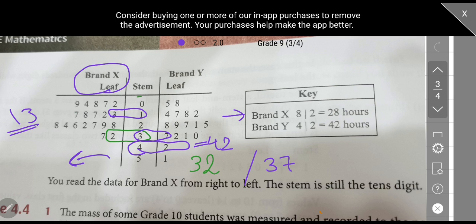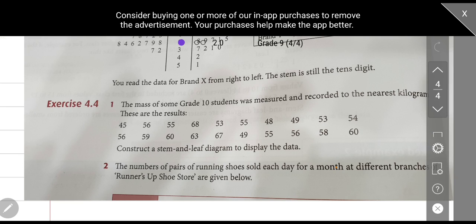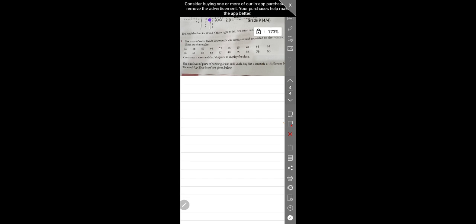Okay, let's solve an example together. Question 1, exercise 4.4.